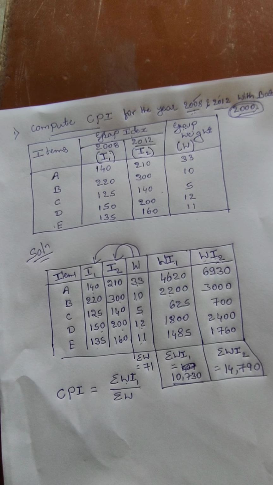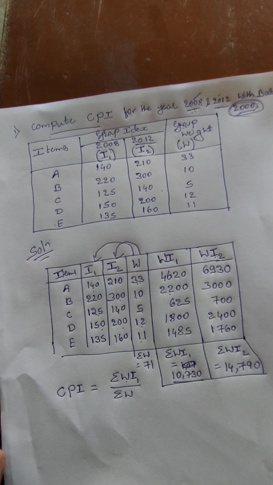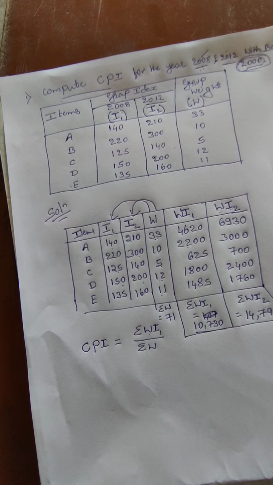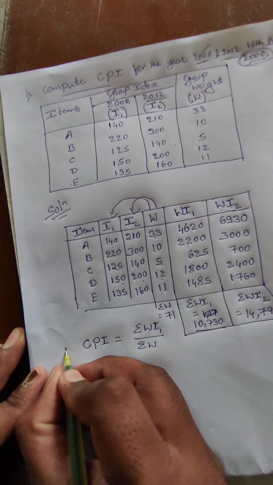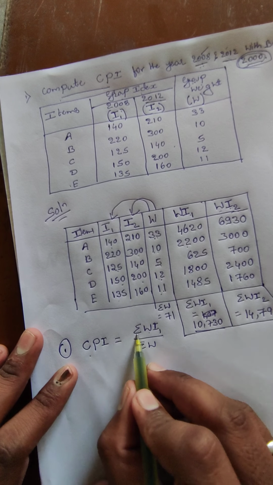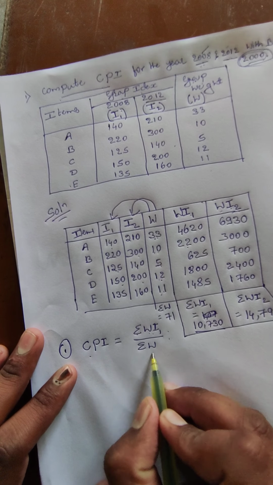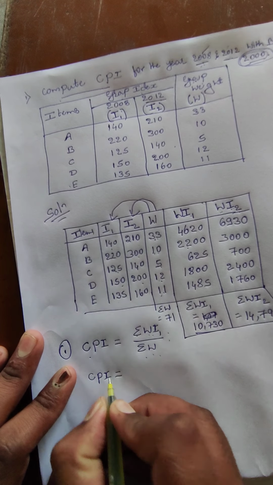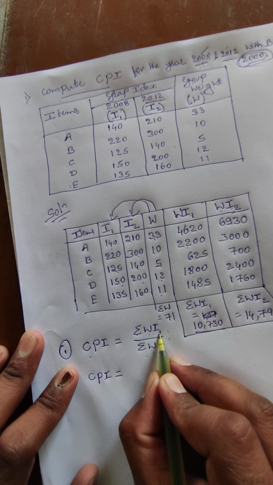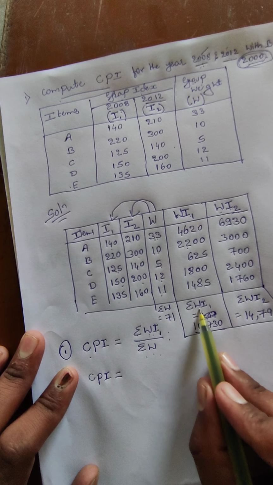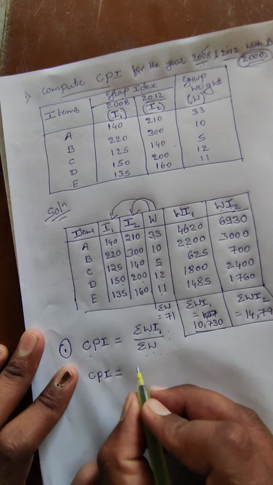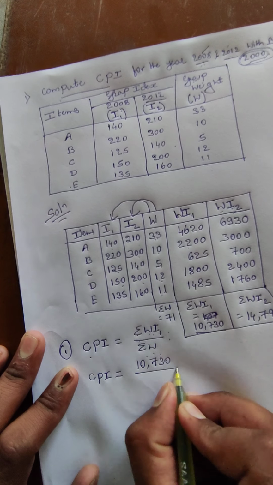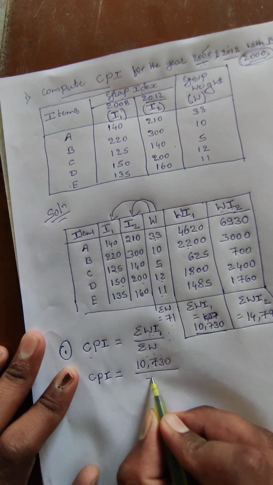After making the totals of the table, we apply the formula for the first year, and then for the second year. First, the formula for the first year: CPI is the summation of WI1 divided by the summation of W. The summation of WI1 is 10,730, divided by the summation of W, which is 71.